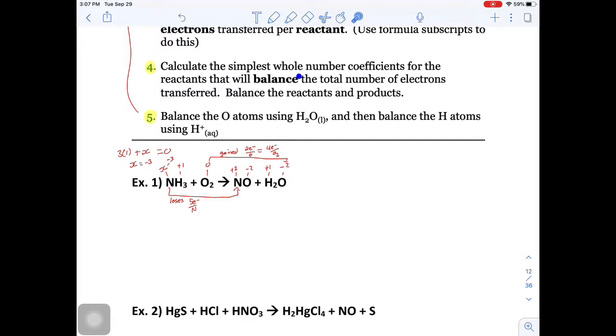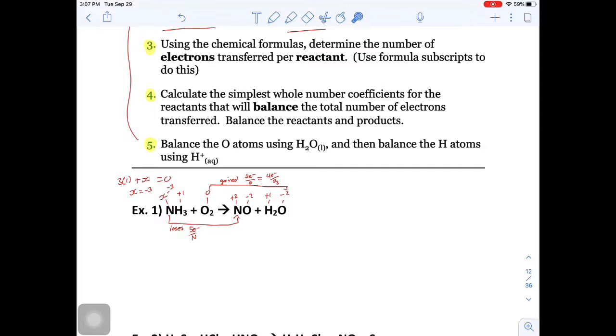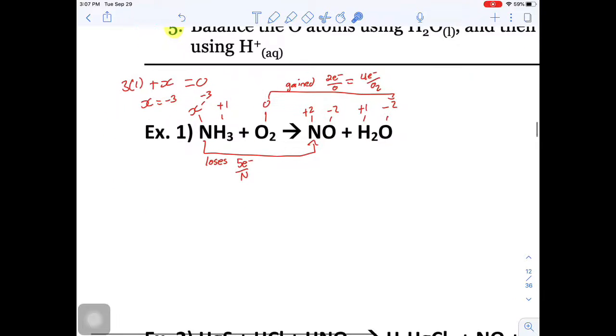Now we're going to calculate the simplest whole number coefficients for the reactants that will balance the total number of electrons transferred. At this point, we're going to figure out how I can get the same number of electrons being transferred. Well, here, the smallest number would end up being 20. That's the lowest common multiple.